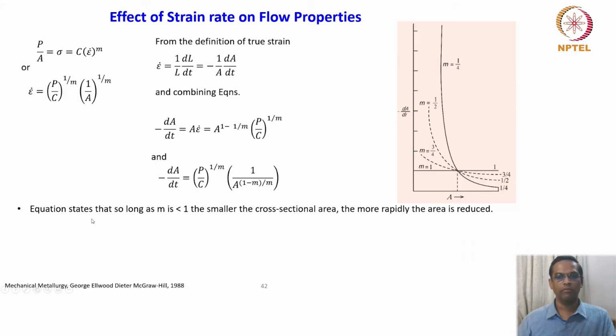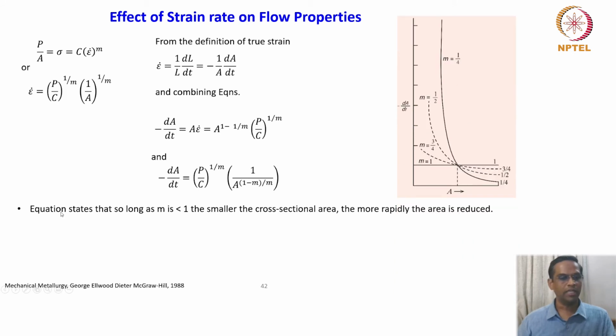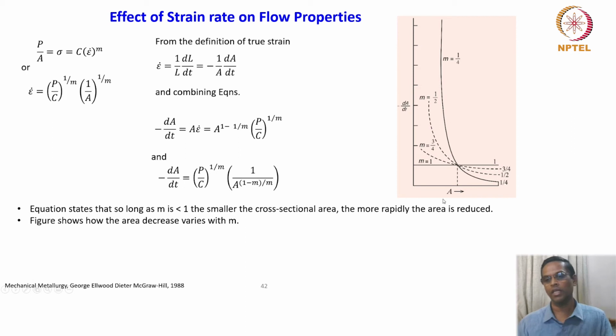It will also give another idea. The equation states that so long as M is less than 1, the smaller the cross-sectional area, the more rapidly the area is reduced. This figure shows how the area decrease varies with M. This is minus dA by dt, and this is area.